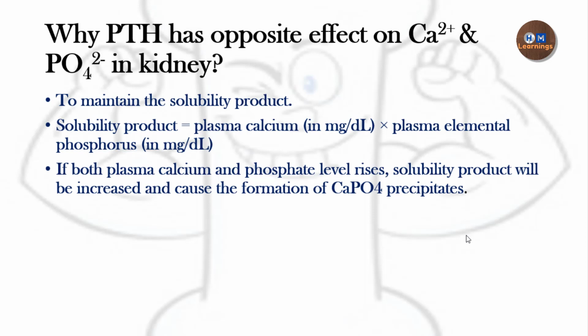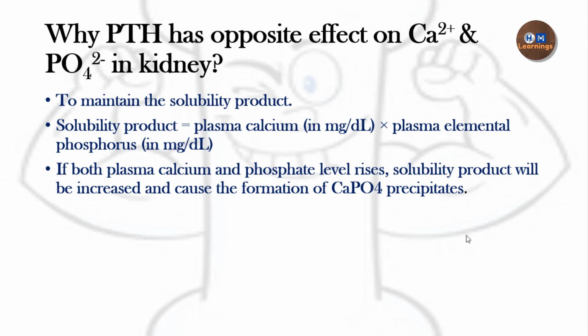Actually, there is a product which is called the solubility product, which is a multiplication of plasma calcium level into the phosphate levels. That solubility product has to remain constant in all the scenarios. So if the phosphate level is also rising with the levels of the calcium, what will happen? The solubility product could not be kept constant. So we need to keep it constant.